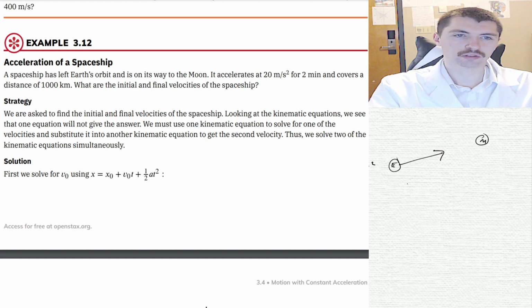It accelerates, covers, so X is initial, final velocities.